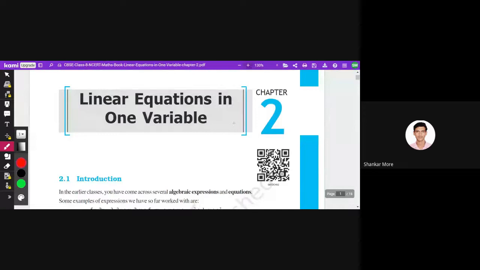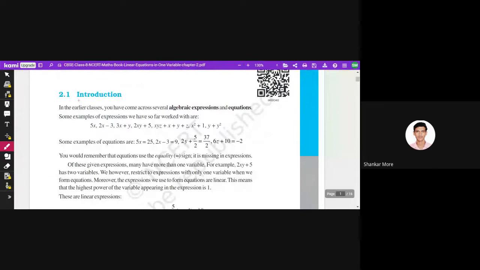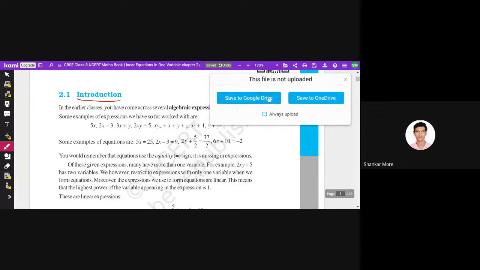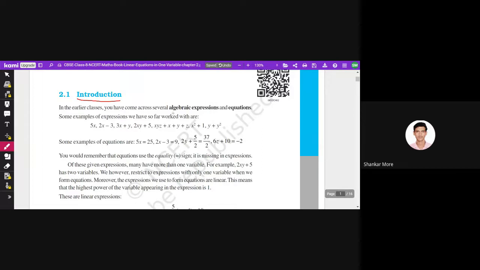So we have completed our first chapter already, and we are going to start the second chapter today. The name of the second chapter is linear equations in one variable. So we'll see what we have to learn. In the introduction part, in the earlier classes, you have come across several algebraic expressions and equations.